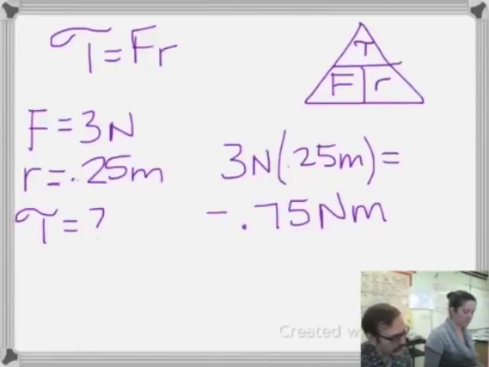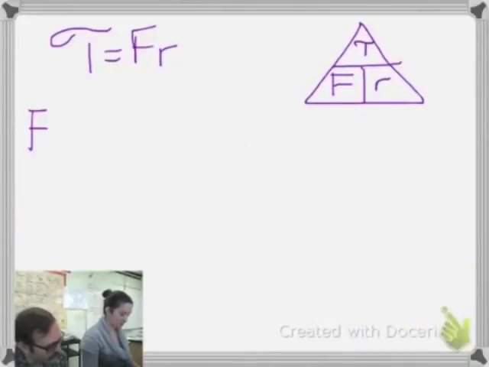Now let's take a look at the second problem. A pendulum consists of a 30 Newton point mass hanging at the end of a long string that is connected to a pivot point. How long is the string if it requires 45 Newton meters of torque to move it at a perpendicular angle?